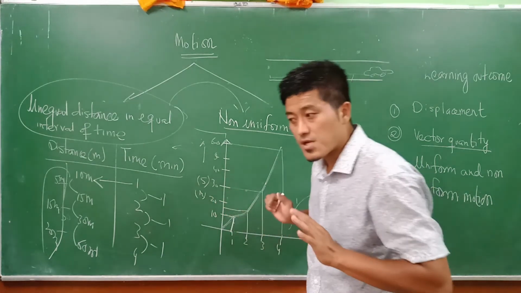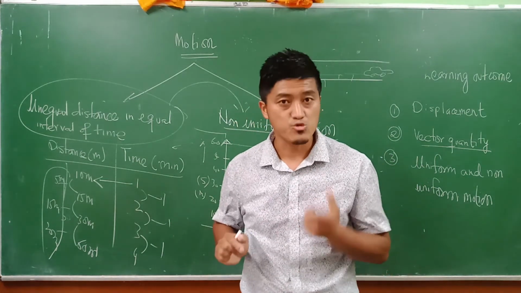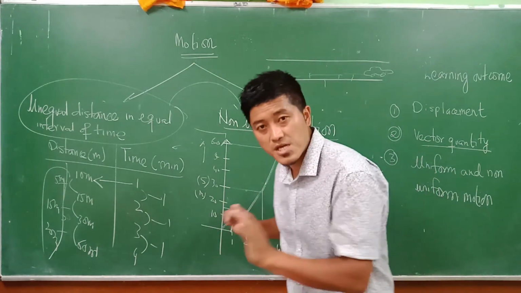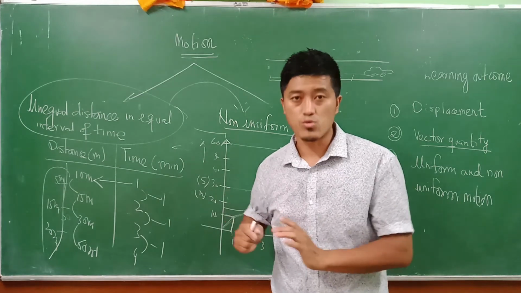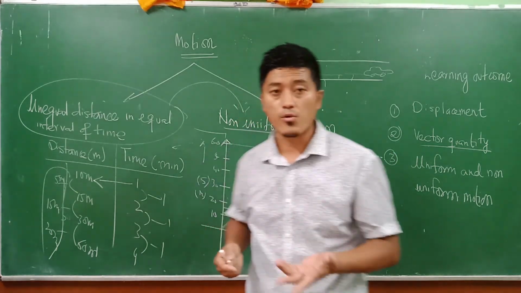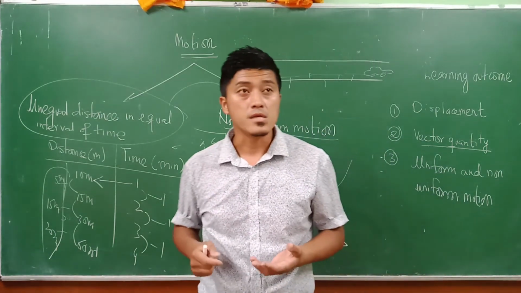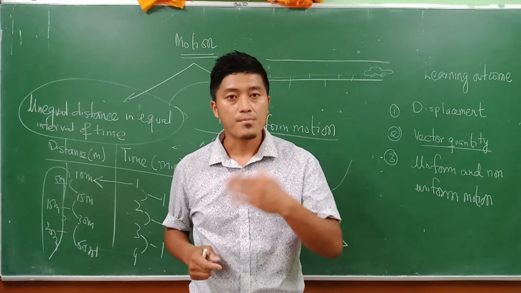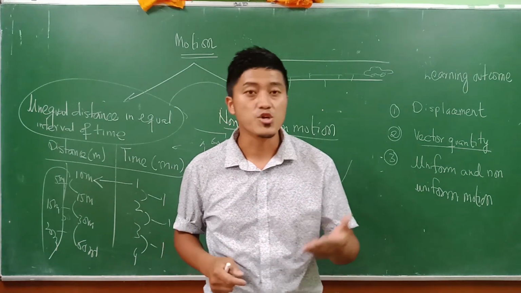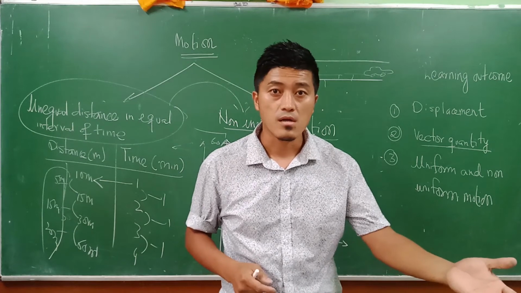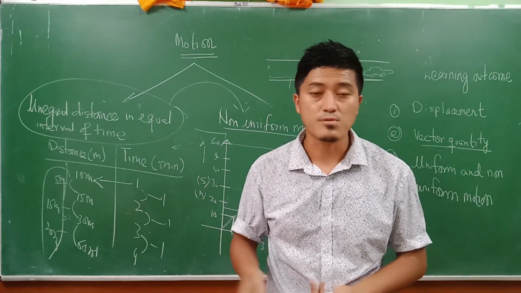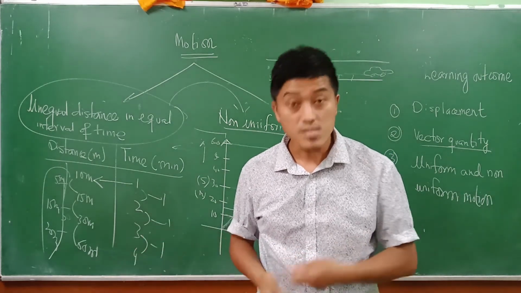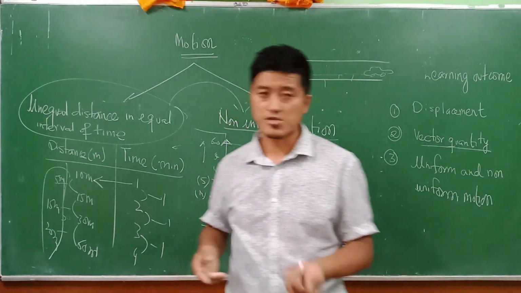A person is applying a force of 20 newton towards the east. That gives the direction. A dog is covering a displacement of 5 meters towards the west. That is the magnitude. That is the nature of a vector quantity.